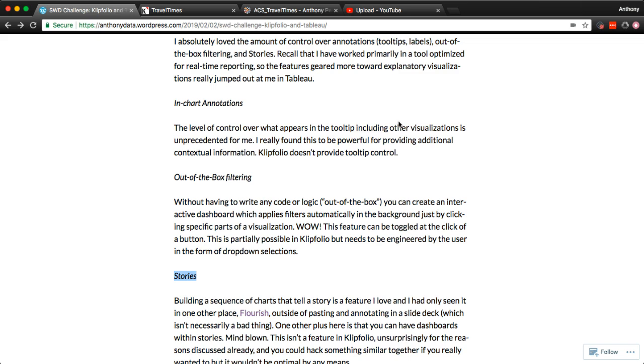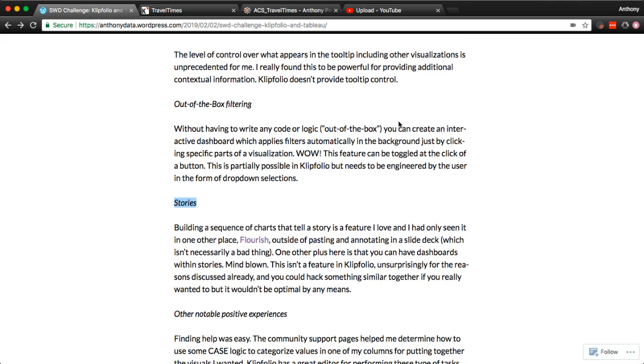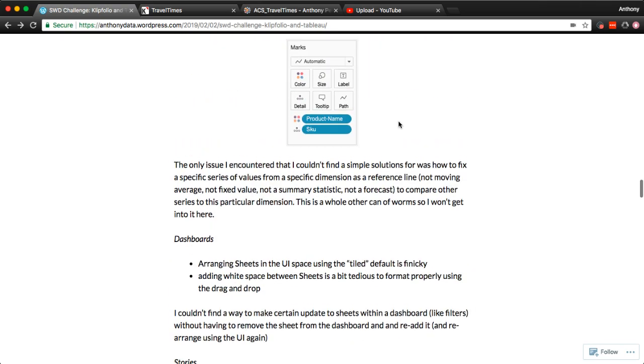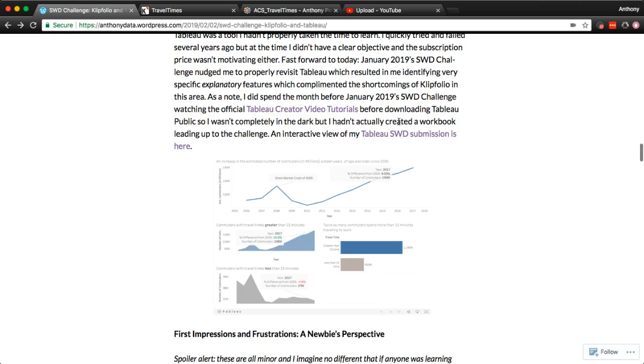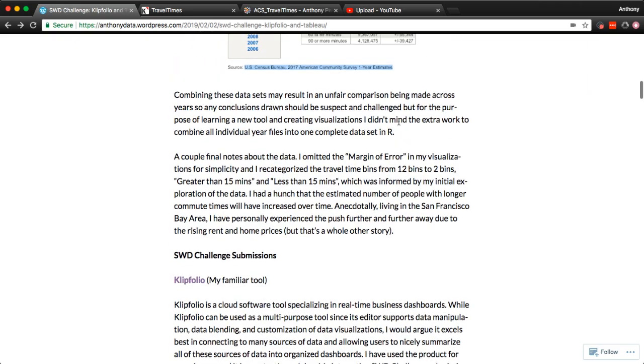So again, to reiterate what I was trying to drive across overall: for monitoring and initial exploration, Klipfolio has been really great. I haven't had any major hurdles, and I've found it to be a great product for those purposes.